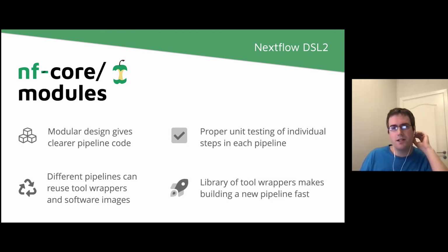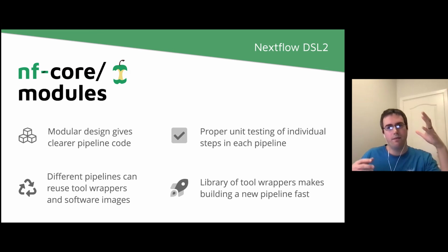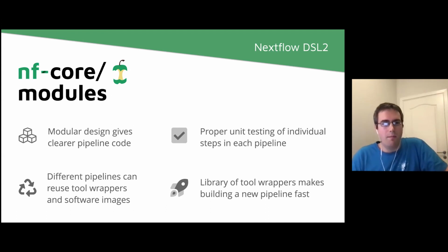And this modular design gives loads of different advantages. The pipeline code gets much shorter, much more readable, easier to maintain and understand. If we're using a common tool like FastQC, which is run in lots of workflows, there's just a single place to maintain that, and all the different pipelines can stay up to date and in sync. And also we use the same software images, so it's better for space saving.